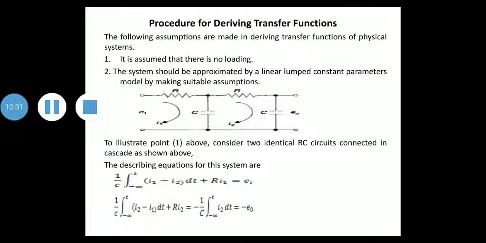Similarly, 1 by C integration from minus infinity to t of (I2 minus I1) dt plus R I2 is equal to minus 1 by C integration of I2 dt, which is minus E0.